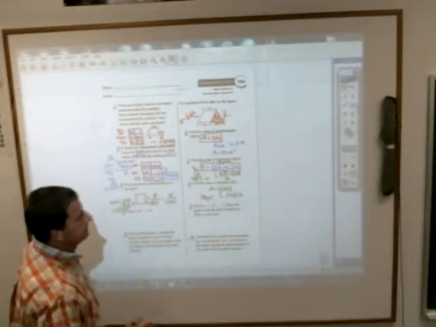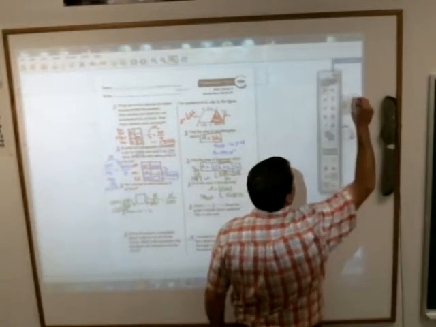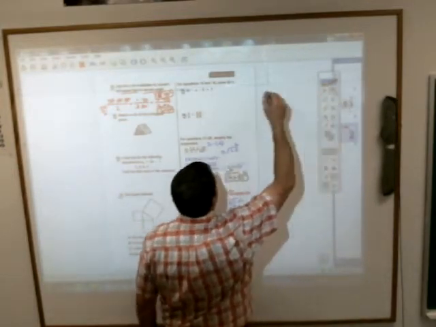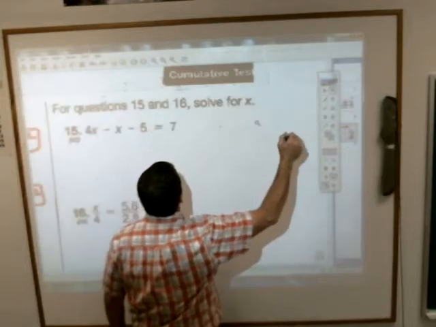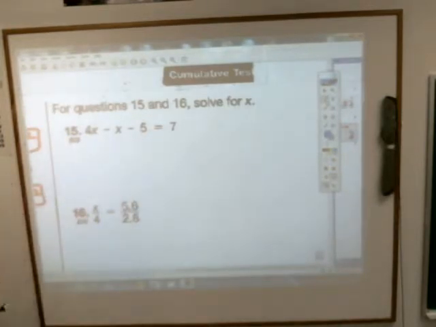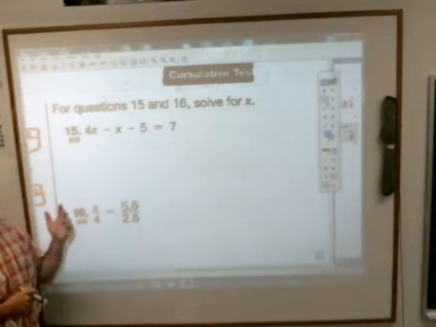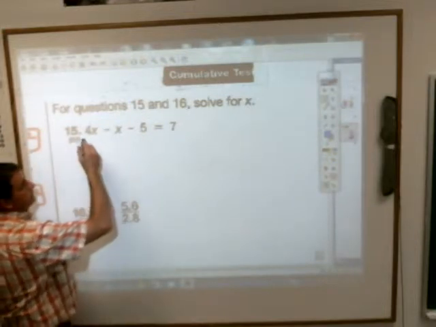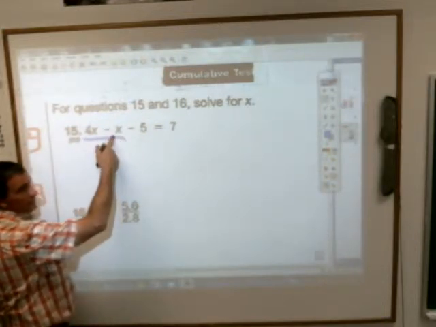I have a question. Number 15, what's your question, sir? I got x equals 3 and then x equals 4. Well, let's break it apart here. First thing you should do in 15 is, right there, 4x minus 1x, 3x.